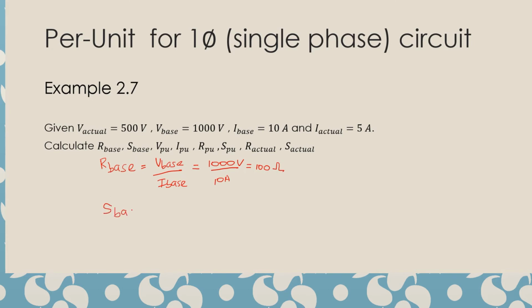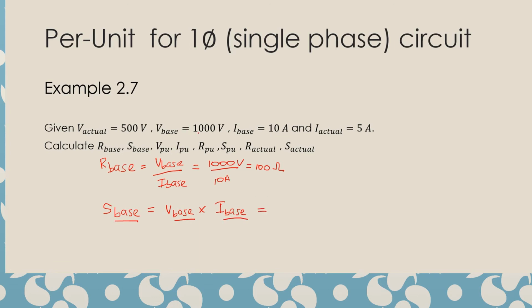Let's calculate your S base. S base is power, so power is V times I. Because this is base, the voltage has to be in base and the current has to be in base as well.